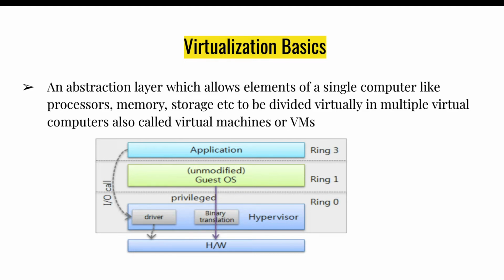So when somebody says virtual machine, what is a virtual machine? A virtual machine is nothing but a machine which is a defined space on top of another operating system. So it is running a virtual operating system on top of another operating system. So let's understand it this way.